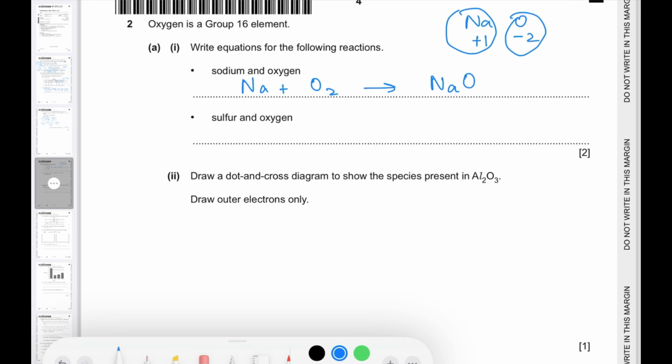So the chemical formula here would be Na2O. Since you have 2 oxygen atoms on the left hand side of the equation, you need to balance that, which leaves you with 4 sodium atoms on the right hand side of the equation. That means you'll have 4 sodium atoms on the left side as well.